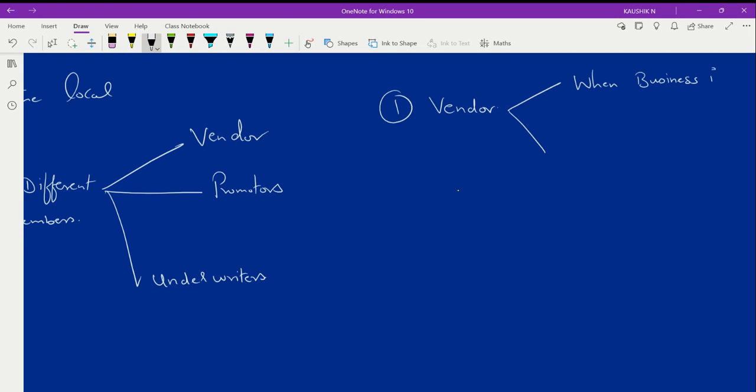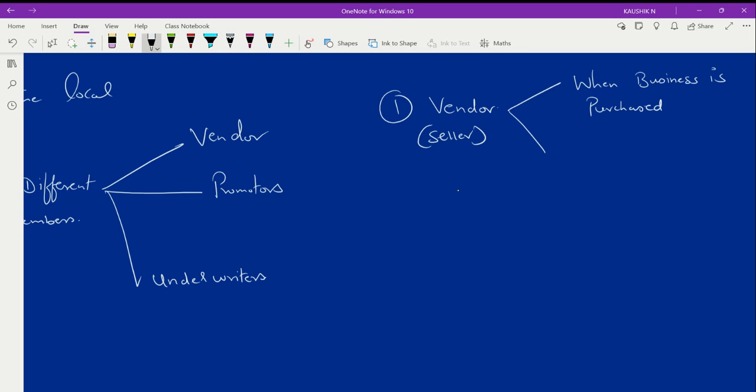When a business is purchased from someone, obviously the one who's going to buy the business is called a purchaser or buyer, whereas the one who's going to sell the business we call vendor or the seller. So seller is a common term, vendor is an accounting, legal or commercial term. So when the business is being purchased, you have to issue to vendor.